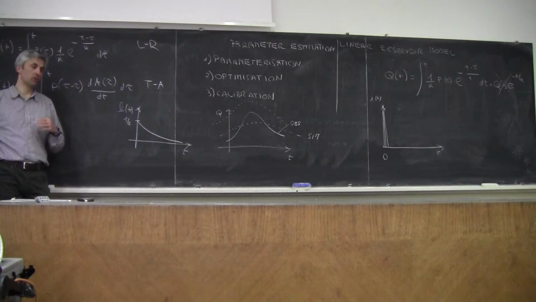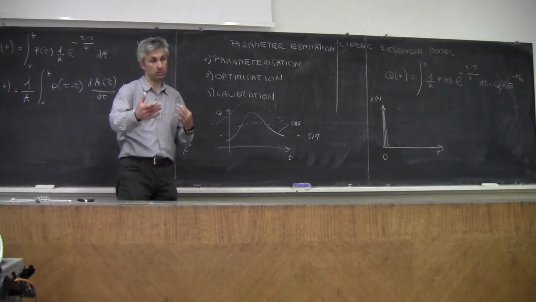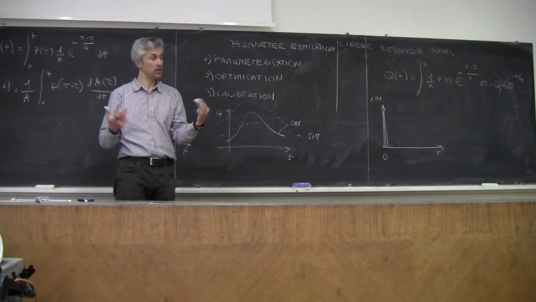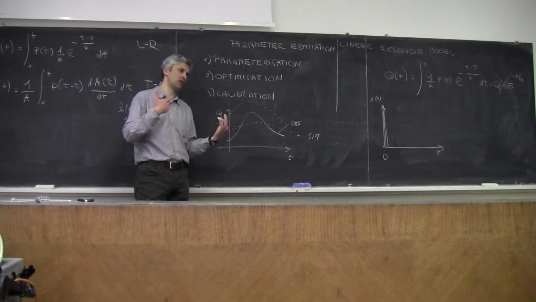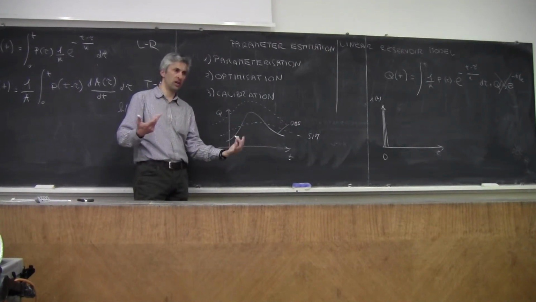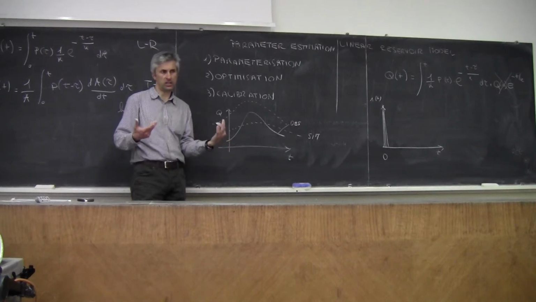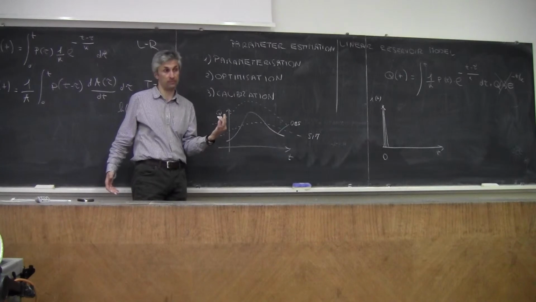So basically what you could do is just move by trial and error. If you get a hydrograph like this, you could say, okay, let me try to change the runoff coefficient or change k and see if I can get to a better representation.